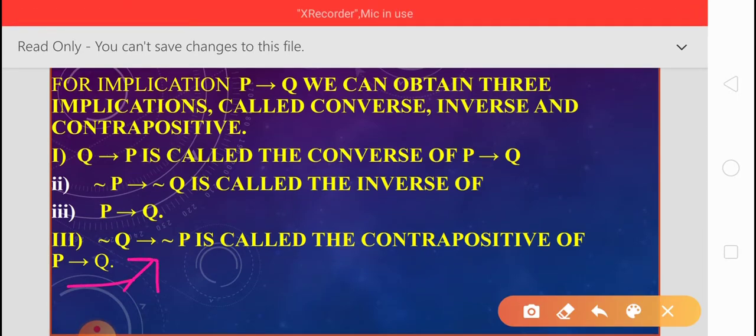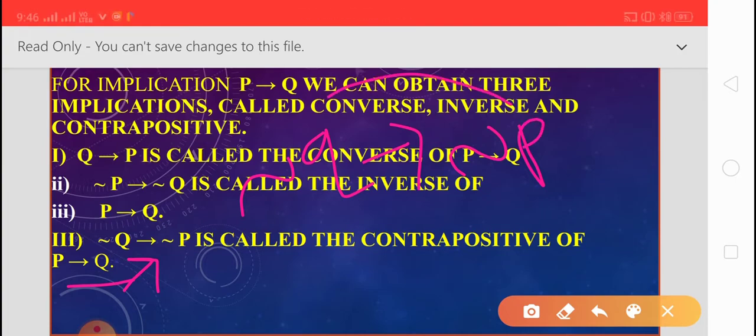The contrapositive of p implies q is negation of q implies negation of p, means put the second statement at the first place and also put negation on both statements.